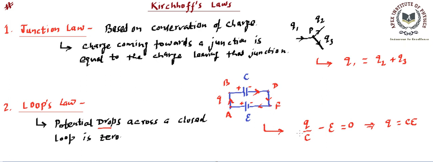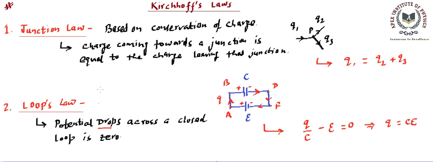So either rule you follow, it works. But in our learning we are going to follow that the potential drops across the closed loop sum to 0, and the potential drops will be treated as positive. If there is a potential gain, we are going to write a negative of it, and we are going to sum them numerically to get the answer.